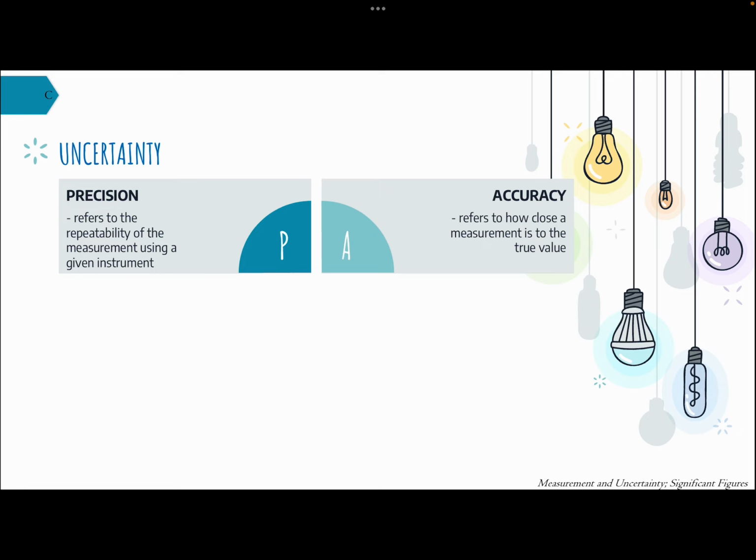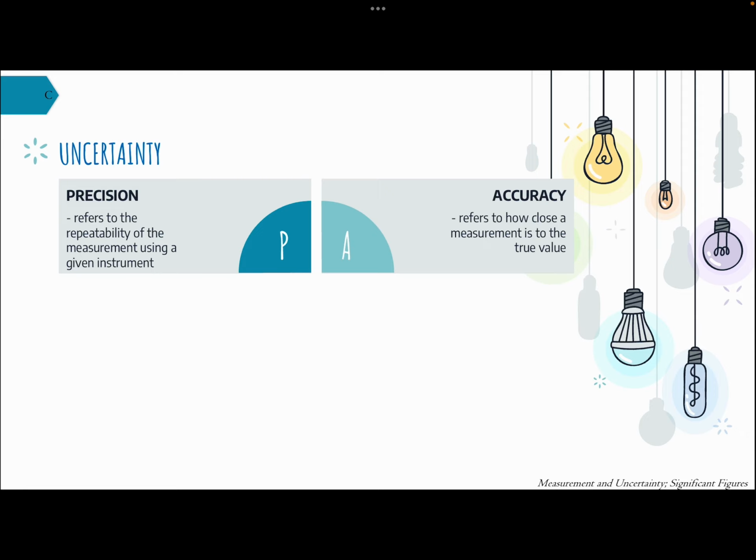So, there is an uncertainty associated with every measurement. And among the most important sources of uncertainty are the limited accuracy of every measuring instrument and the inability to read an instrument beyond some fraction of the smallest division shown.